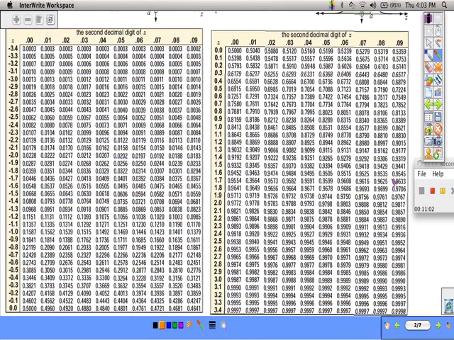And when we look for the closest probability to 0.95, we see 0.9495 and 0.9505. Those are both equidistant away from the probability that I want.